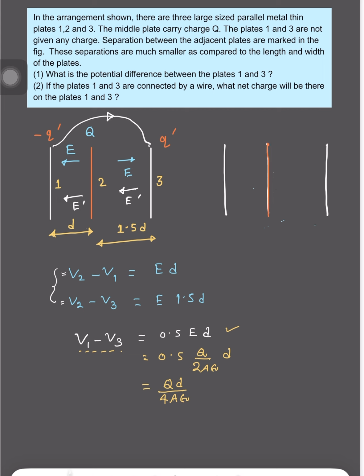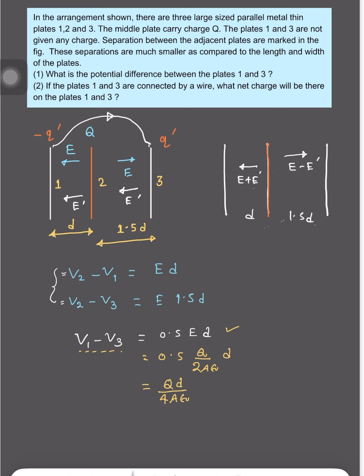Now here net field will be, if we take it in the right only, we don't know which is larger, E minus E dash, and in this direction it should be E plus E dash. And this is D, this is 1.5D.